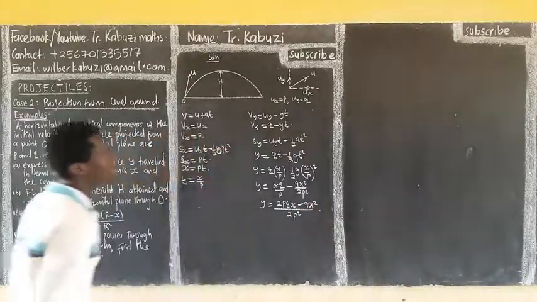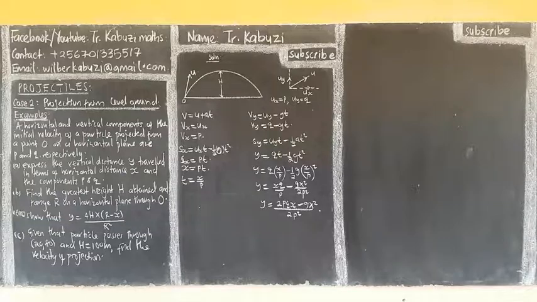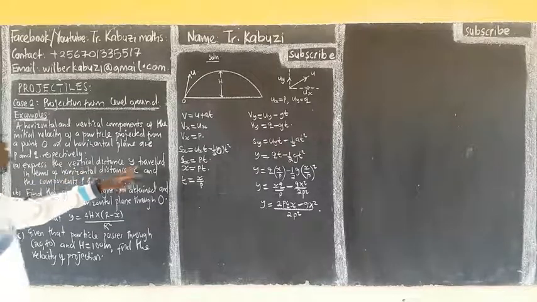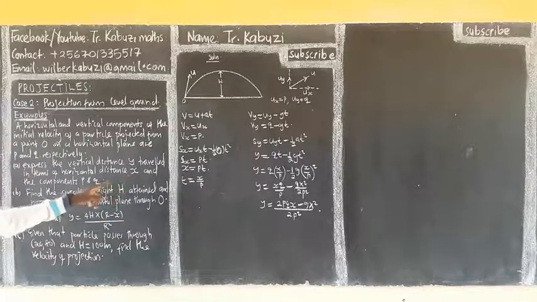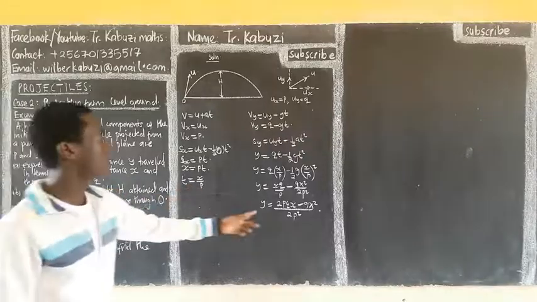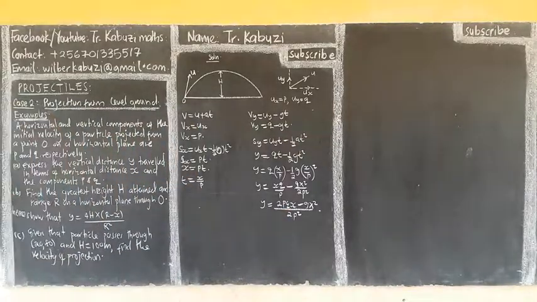So that's what we have. I've now expressed the vertical distance Y in terms of X, P and Q. Of course, the bracket is going to remain in there.